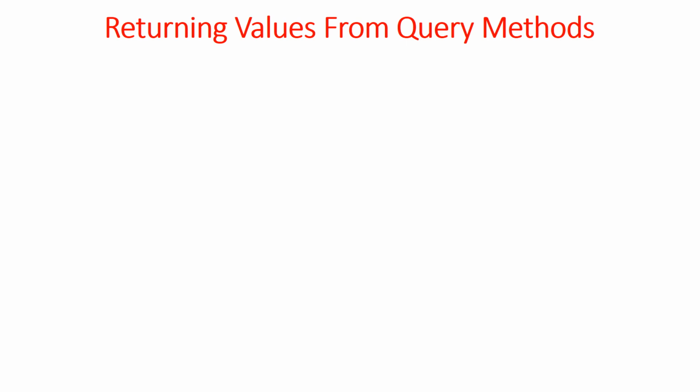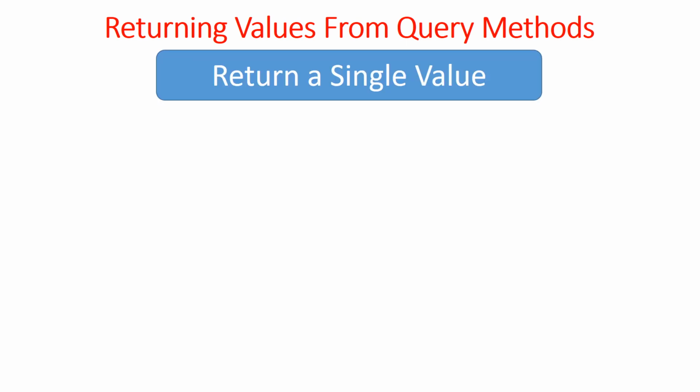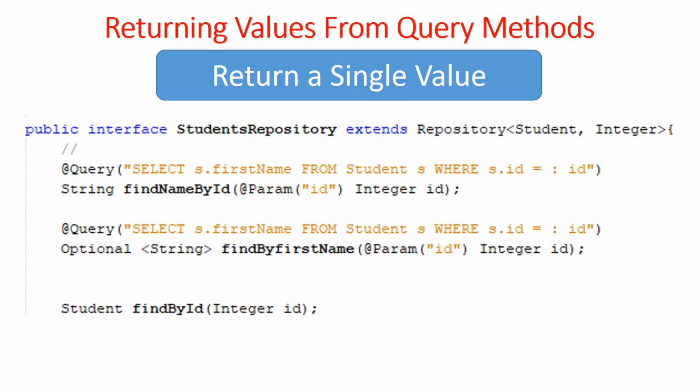We return values from query methods in single form, multiple form or asynchronous form. First of all, we discuss single value. When we want to return a single value from a query method, we use it in the repository in this way.